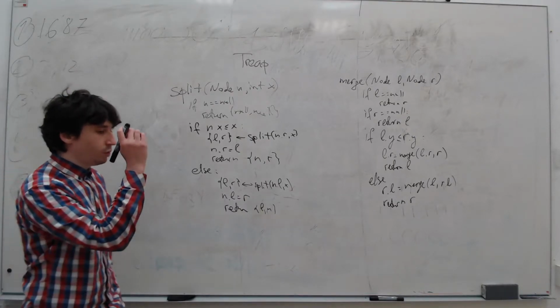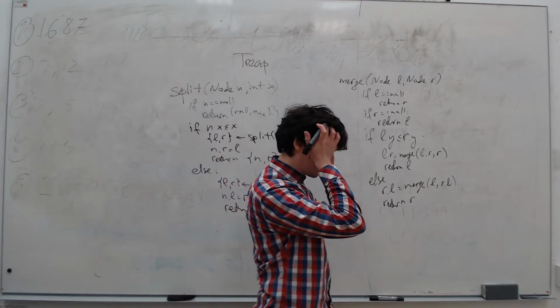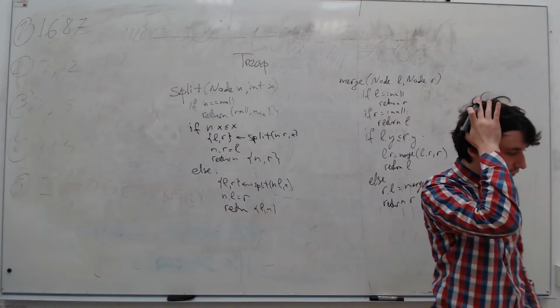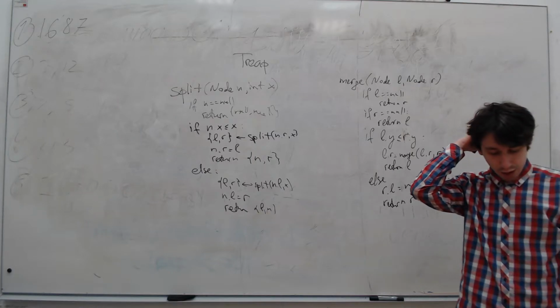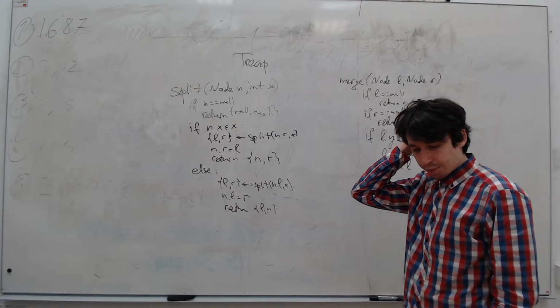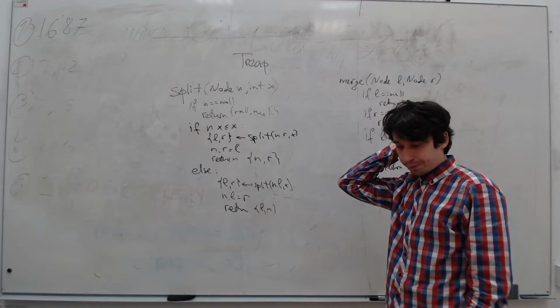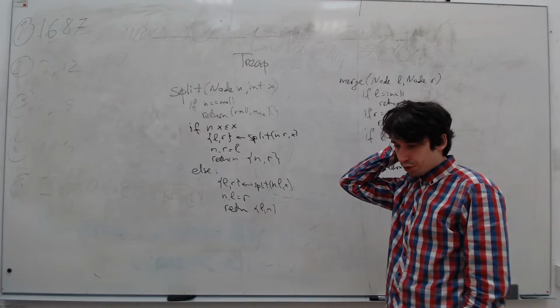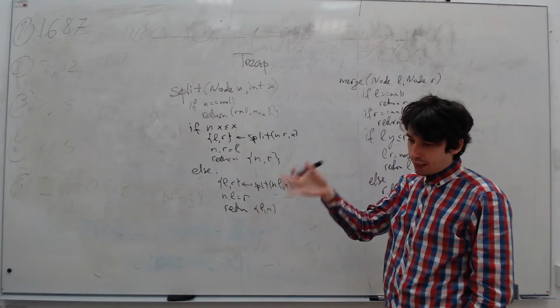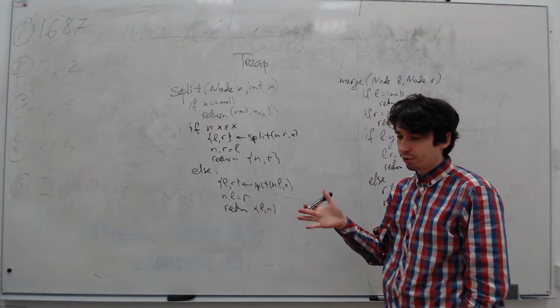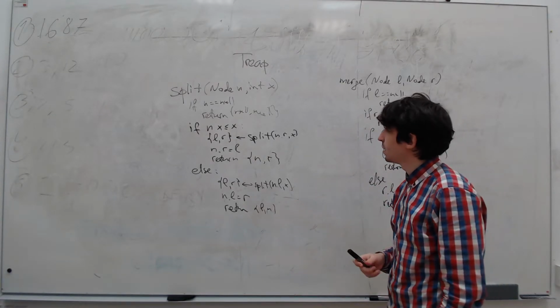So now we are adding additional stuff on how to calculate the number of nodes in the subtree. You want to split by x, and you want to transfer the number of nodes in their subtree.